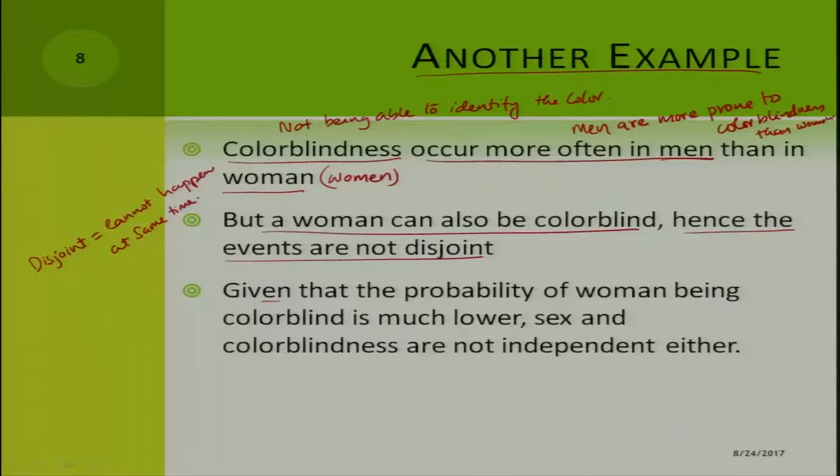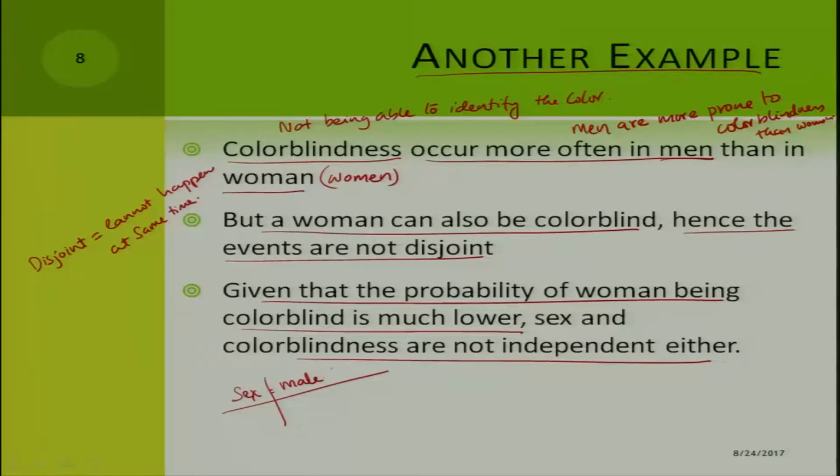Given that the probability of a woman being color blind is much lower, sex and color blindness are not independent either. Think about it this way: with male and female, if you put the female probability as, let us say, 0.4, the probability associated with men will obviously be more than 0.4, maybe 0.6 or 0.7.